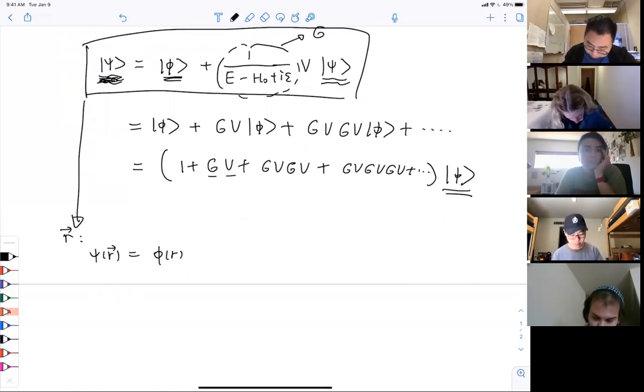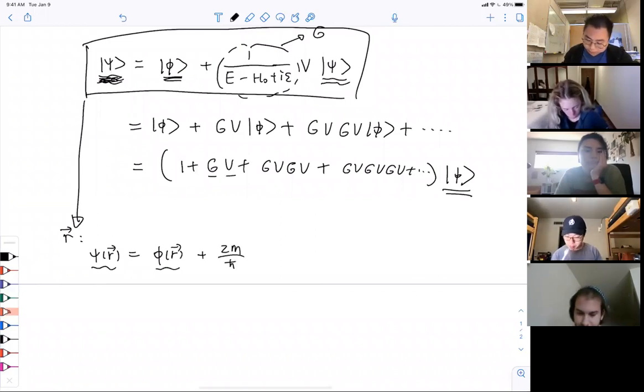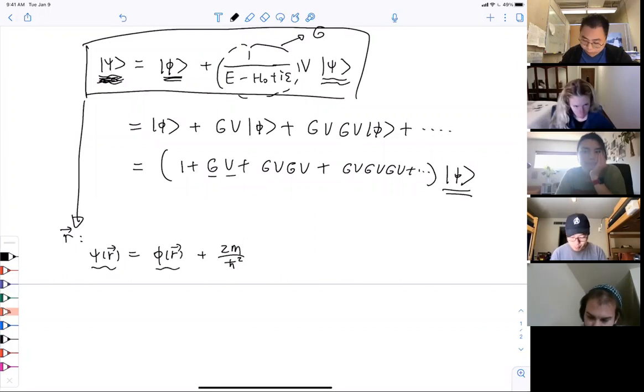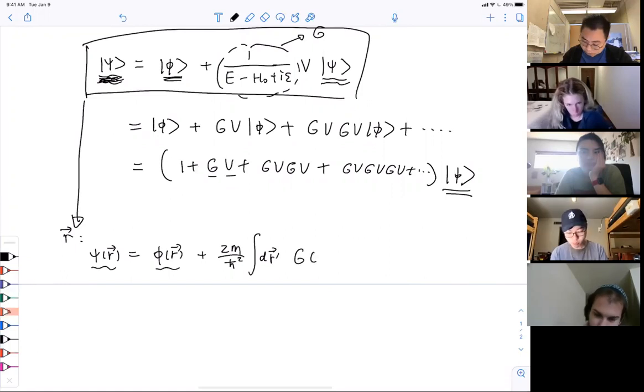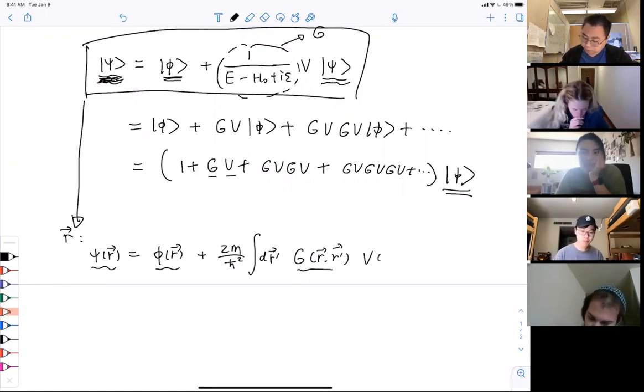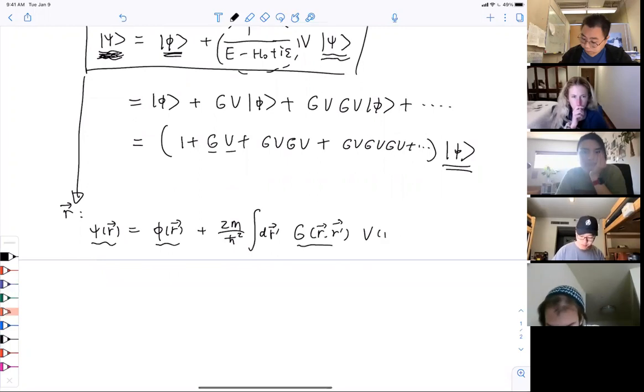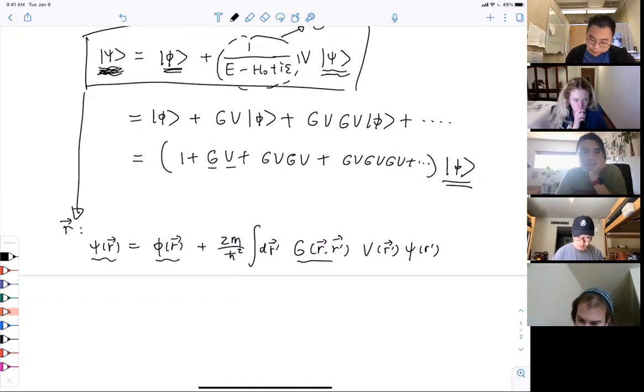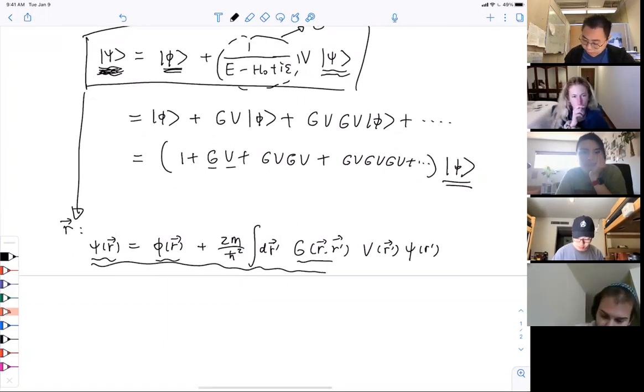This is the scattering state, this is the incoming wave, and I just copied this from the Sakurai book. This is the Green's function, basically the free propagator, right? So this is the Lippmann-Schwinger equation in real space representation.